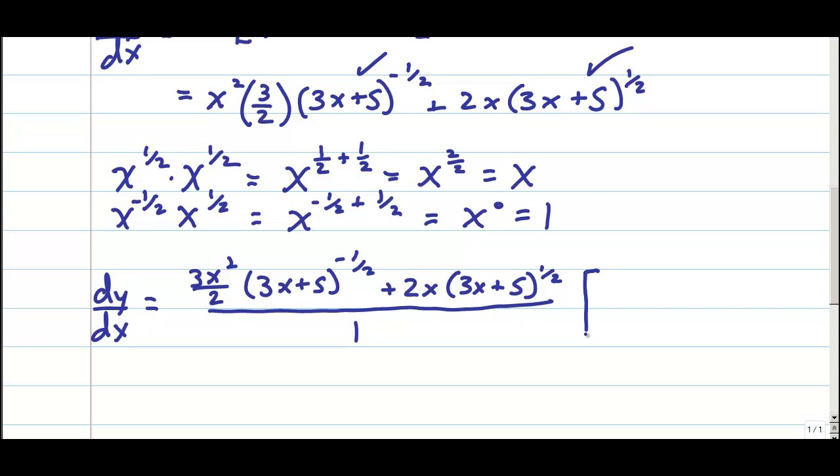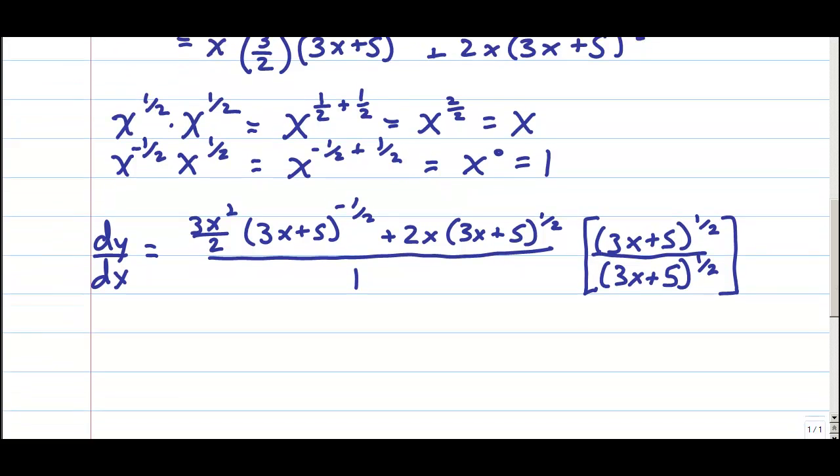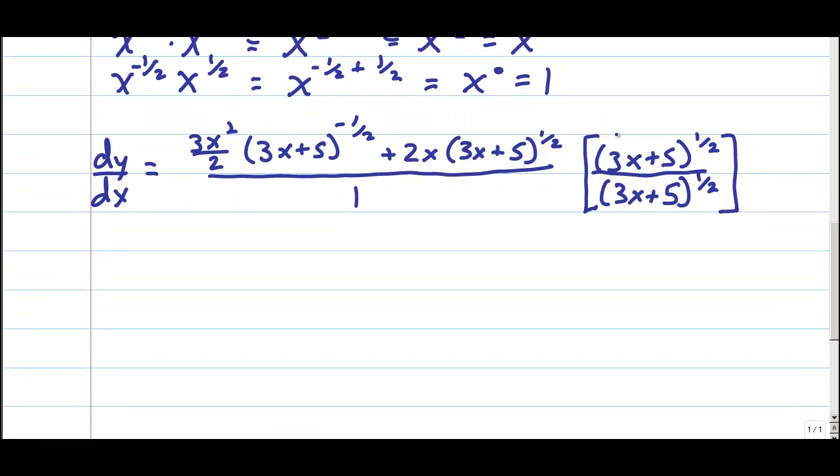Now here's what I want to do. I want to multiply the top and the bottom by 3x plus 5 to the 1/2. Now that doesn't hurt anything because I'm just multiplying by 1. See, 3x plus 5 to the 1/2 over 3x plus 5 to the 1/2, that's just 1. Now, I want to distribute through here. So here's what I have now.